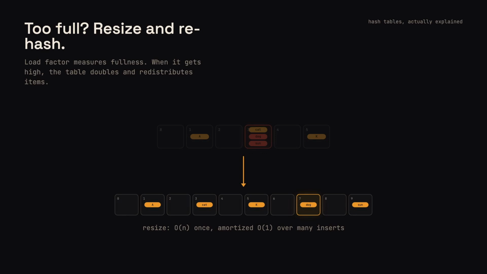The fix: when load factor crosses a threshold, the table resizes, usually doubles, and every single existing item gets rehashed into the new bigger array. That resize operation is expensive, big O of n, but it happens rarely enough that averaged over many inserts it barely costs anything. There is a name for that kind of cost: amortized big O of 1.